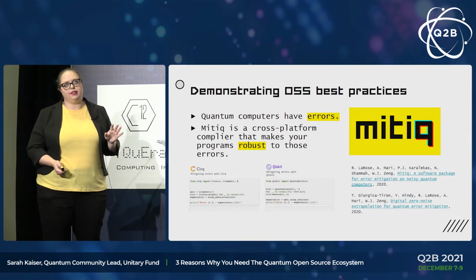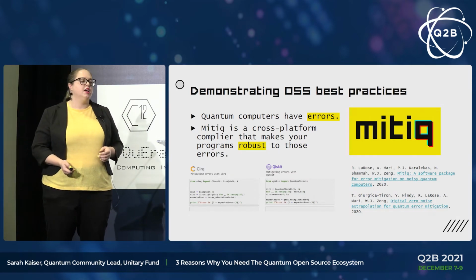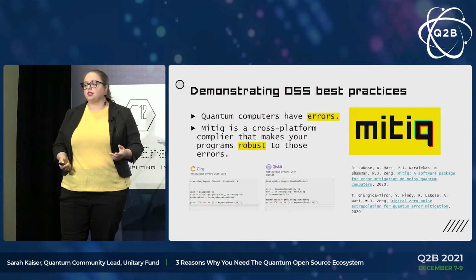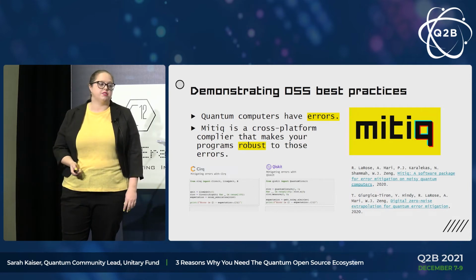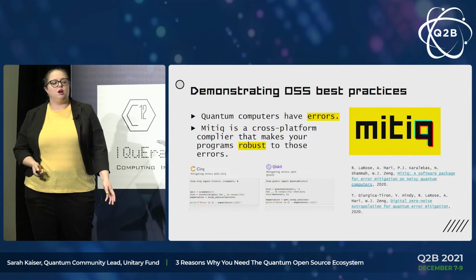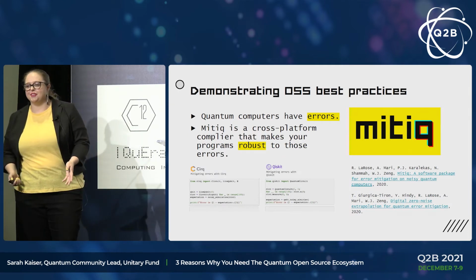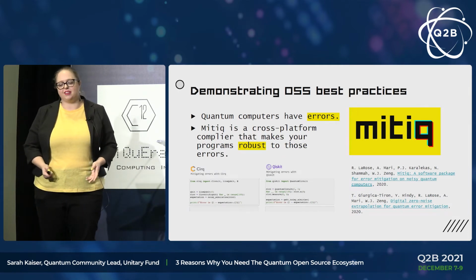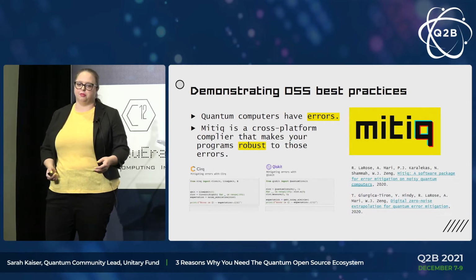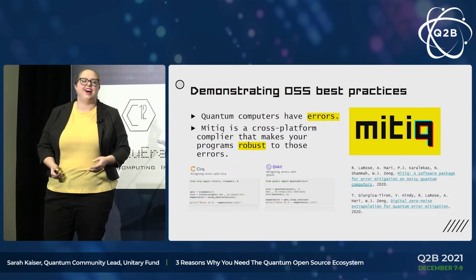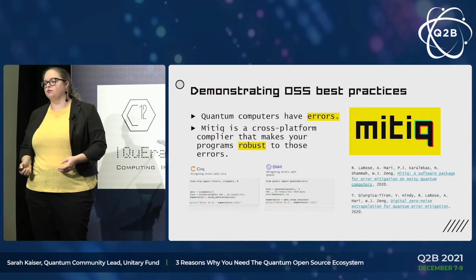So in the last about 2 years now, we've been working on a project in Python called Mitiq, which is an error mitigating compiler. Error mitigation is really nice because it allows you to use NISQ hardware a little bit more effectively, but doesn't incur the overhead of full fault tolerance.